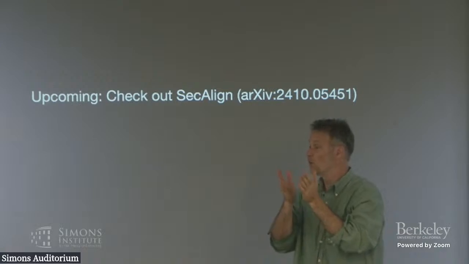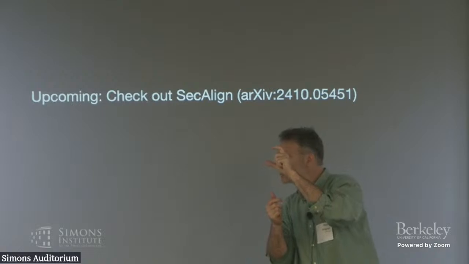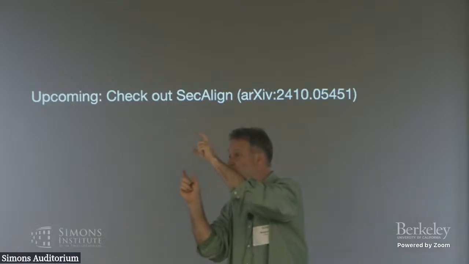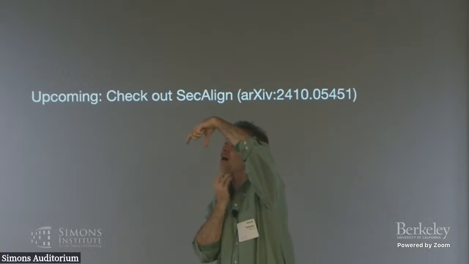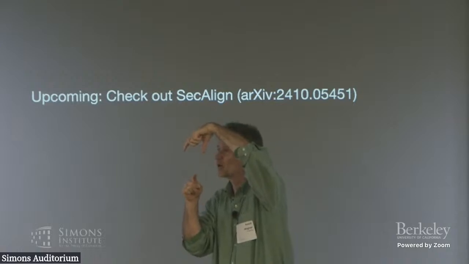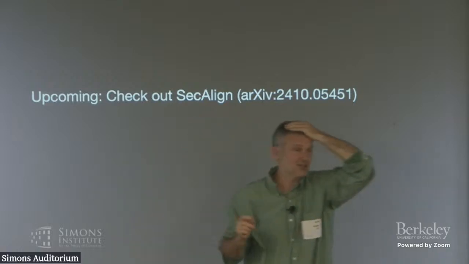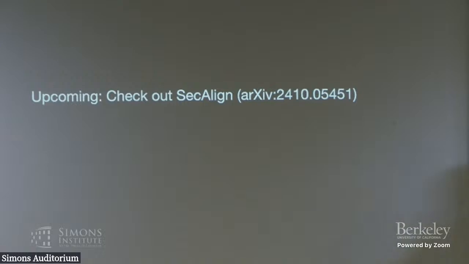So when we build a structured fine-tuning data set, instead of just having a malicious input and the desired response, there's also another example of the malicious input and the undesirable response. And we use RLHF to say we prefer the desired one over the undesirable one. That turns out to be a lot more sample efficient and leads to even better security. Though it's still not there yet, but awesome idea.